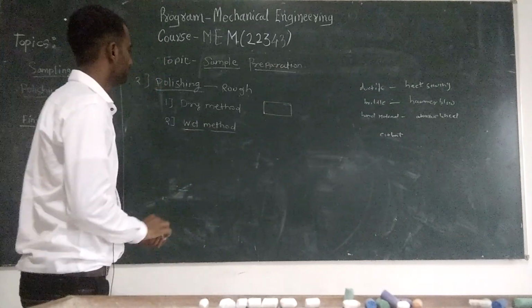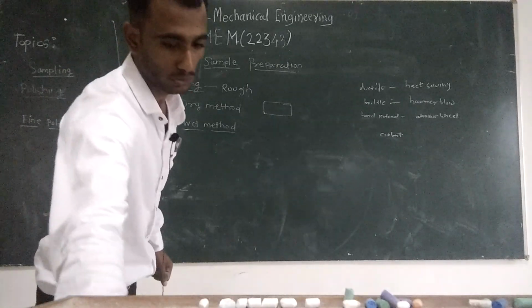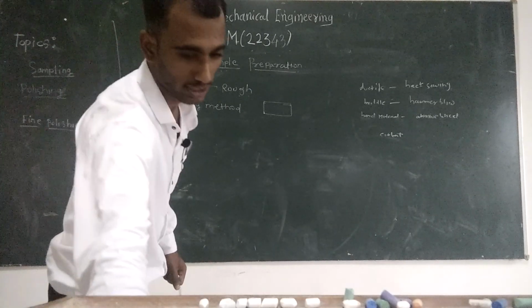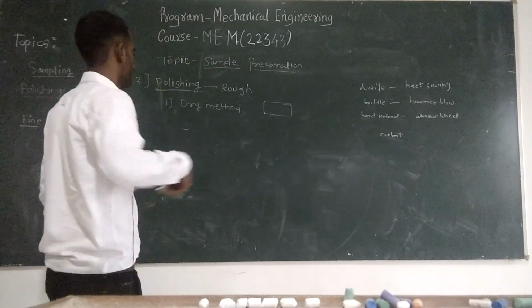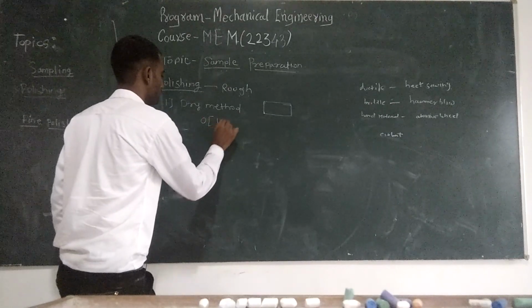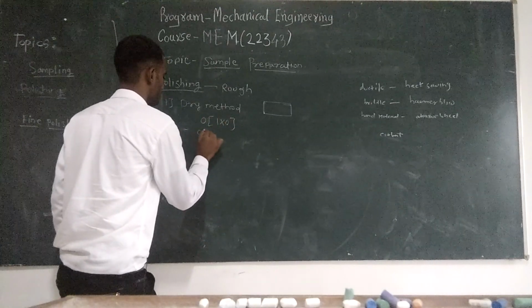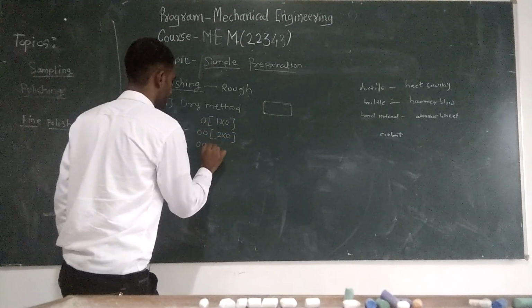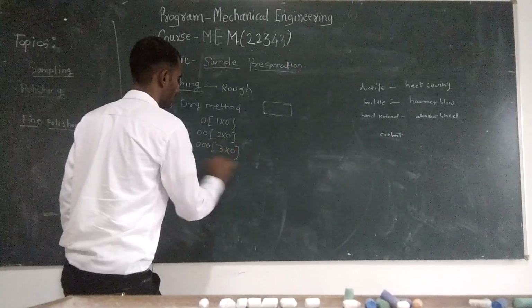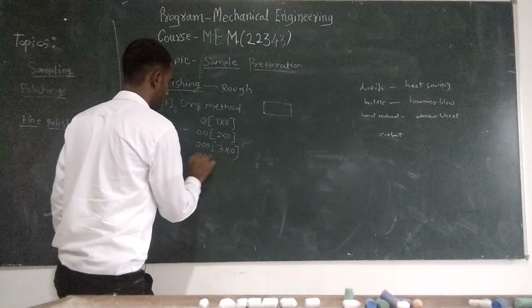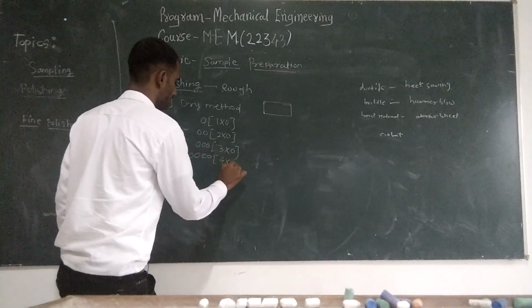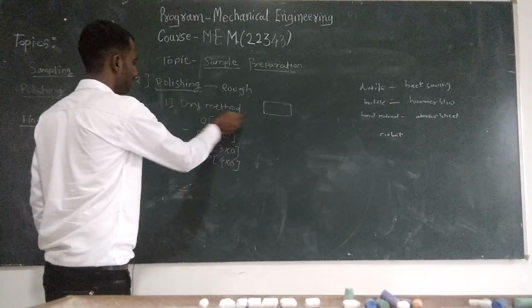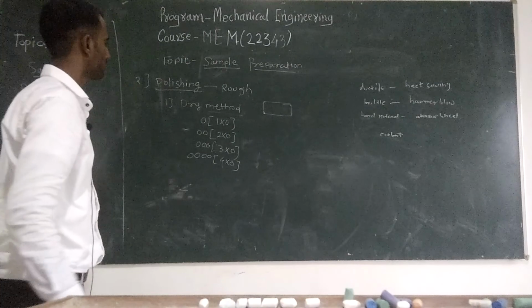In the dry method we use emery papers having grades 0, that is 1 into 0, 00, that is 2 into 0, 000, that is 3 into 0, and 0000, that is 4 into 0. These are the grades of emery papers we use in the dry method of rough polishing.